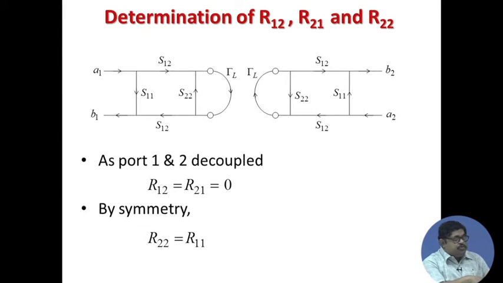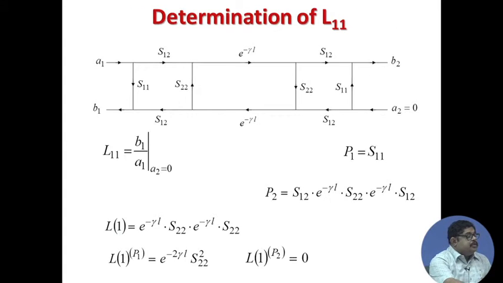So, you can say R22 is R11, and this determines the complete R matrix, the scattering matrix for the R connections, but that does not give us any extra equation. Then the last one, L11. So, there again L11 means B1 by A1.